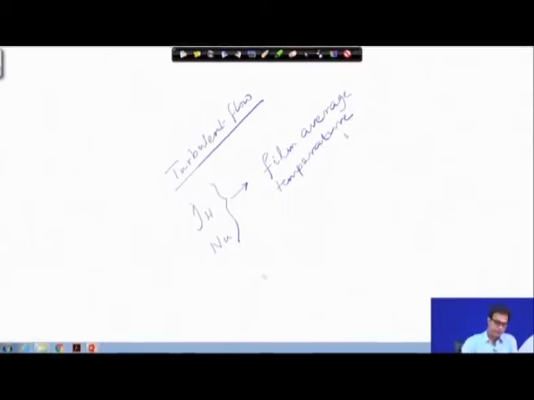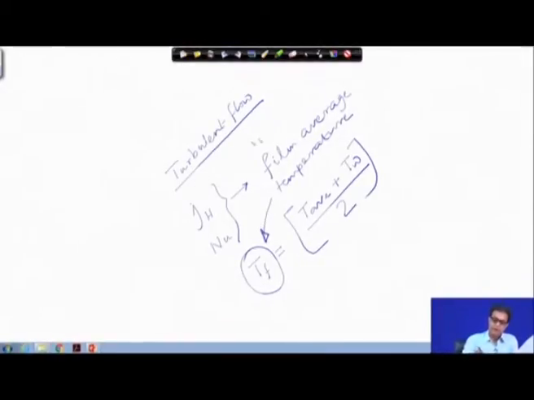It is T f, the average fluid temperature plus the wall temperature, divided by 2. This is how we evaluate the film average temperature, and all the fluid properties are evaluated at it while calculating the Colburn J factor or the Nusselt number.